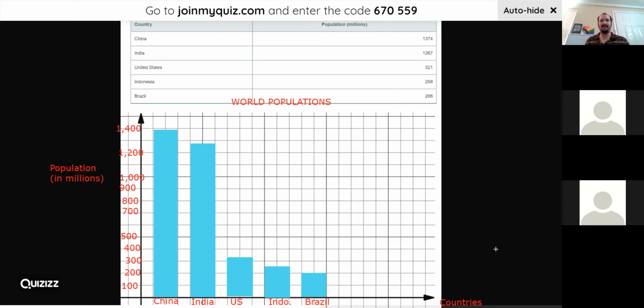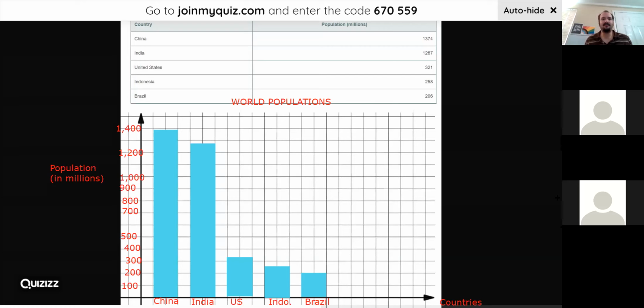So India and China have almost like 4, 5 times as many people as the US. Pretty steep increase there.